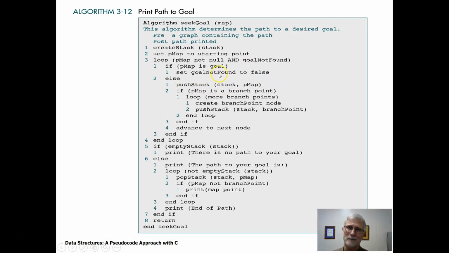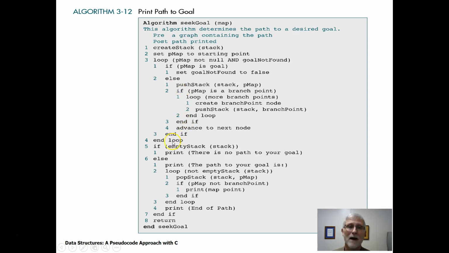I don't really like the double negative there, but otherwise, if it hasn't reached a goal, I've got to push the item on. Now I've got to check, is it a branch or not? If it's a branch, now I've got to create another branch, push it in the stack and loop. And then I keep doing this until I get to the next node.